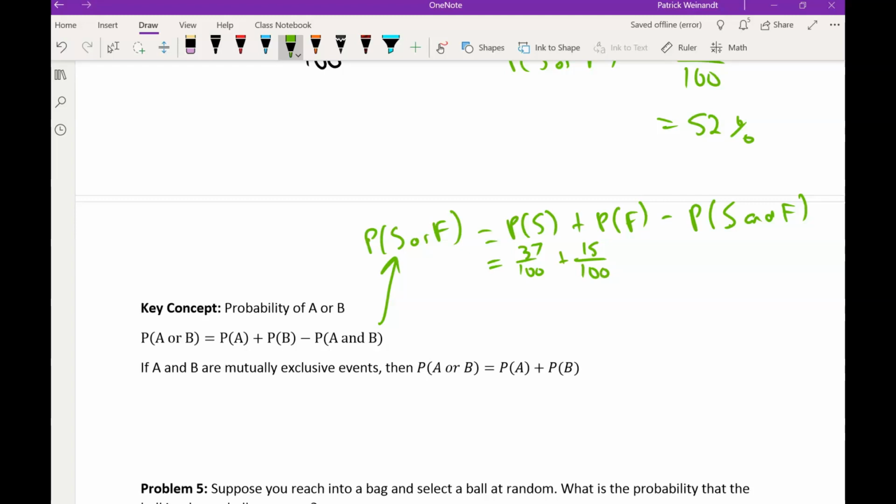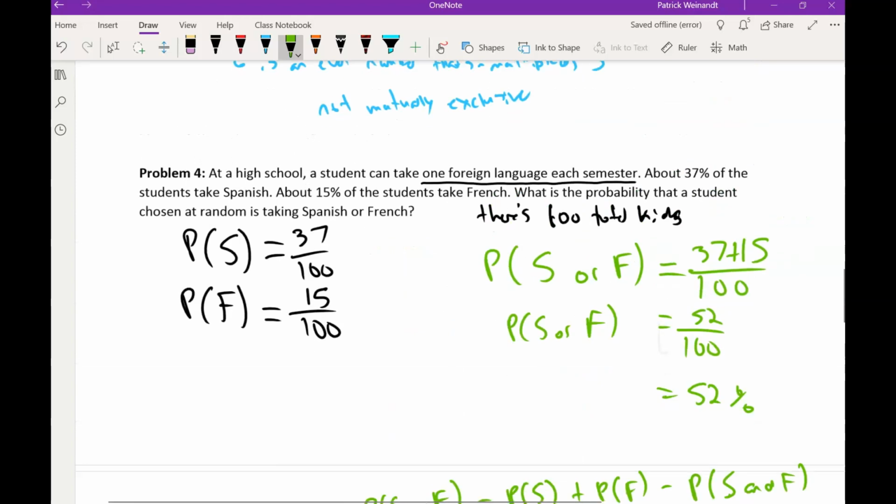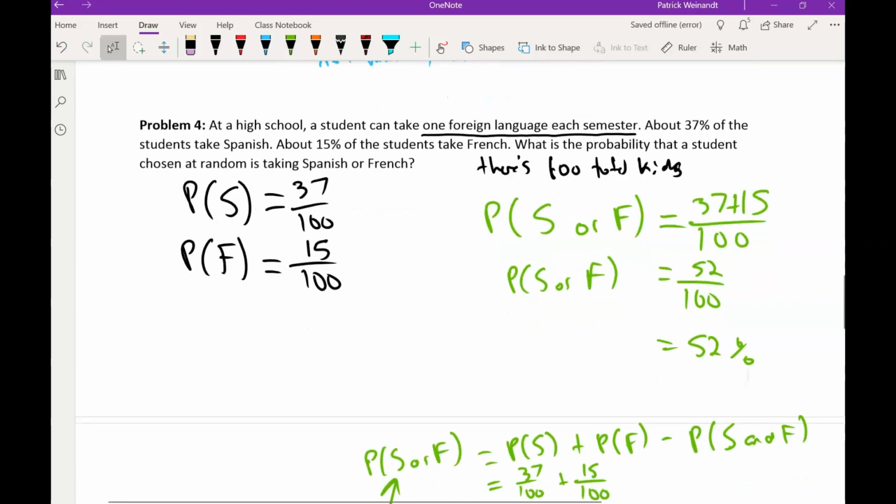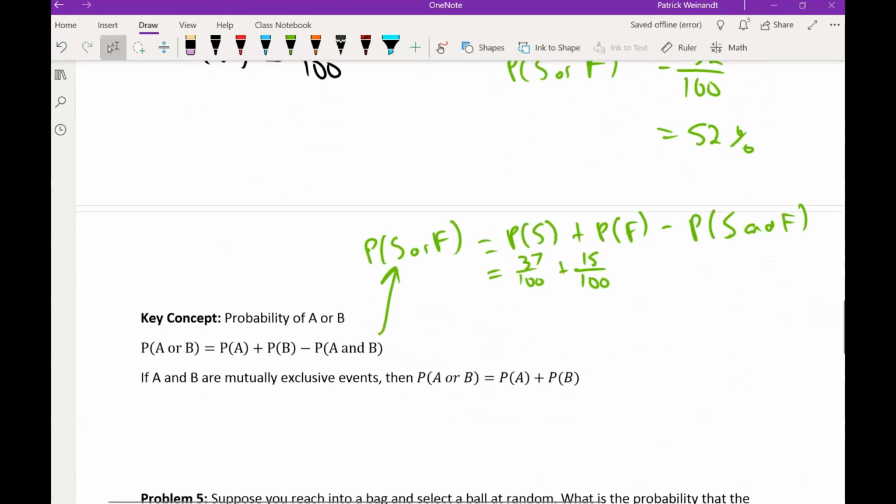Okay, well, we know that Spanish and French are mutually exclusive. Can I have any kids that are in Spanish and French, given that they can only take one foreign language class each semester? Well, I shouldn't have any kids that are in Spanish and French like we have here. So technically, I'm subtracting 0. All right, and we'd be fine just with that.